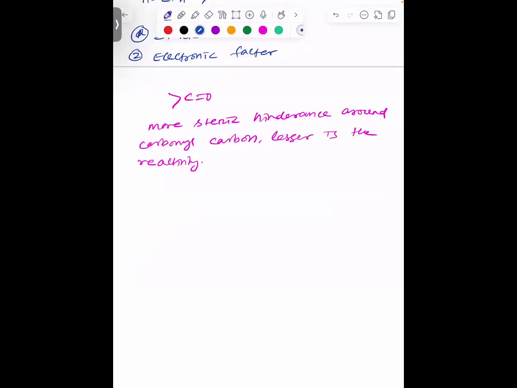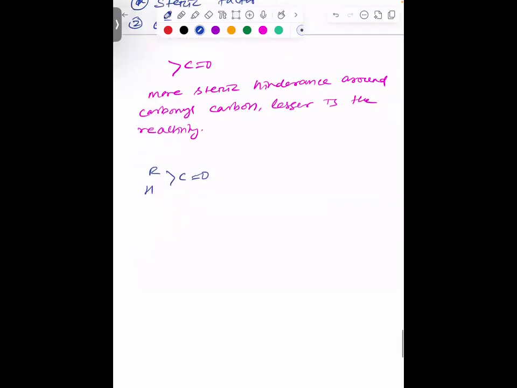So that was the steric factor, then electronic factor. What about this electronic factor? If we consider this, the carbon center carries partial positive charge and oxygen carries partial negative charge.